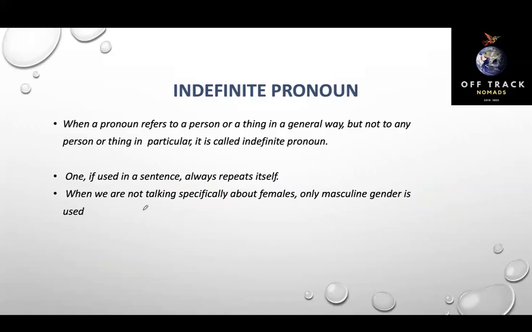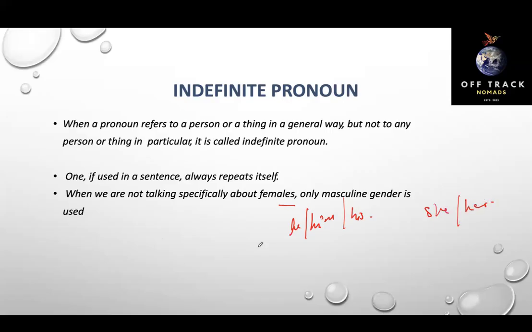We have, when we are talking generally, only the masculine gender is used. In general usage also, if gender is not mentioned clearly, okay? If gender is not mentioned clearly, we use he, him, or his instead of she or her.